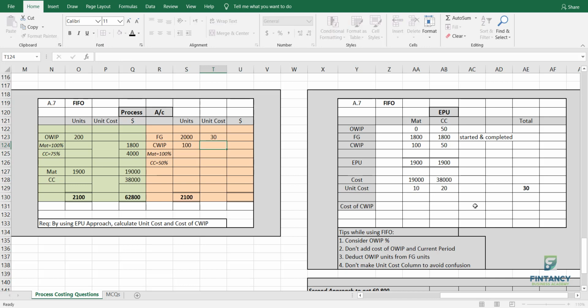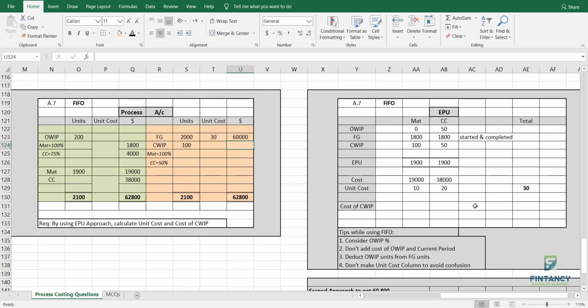This 30, if you keep here, let me show you something. I am doing the mistake now to tell you what will happen if you do this mistake. So then you said, okay, let me multiply this with this. So you got 60,000. Then you say the total should match with the debit, so 62,800 should be total.